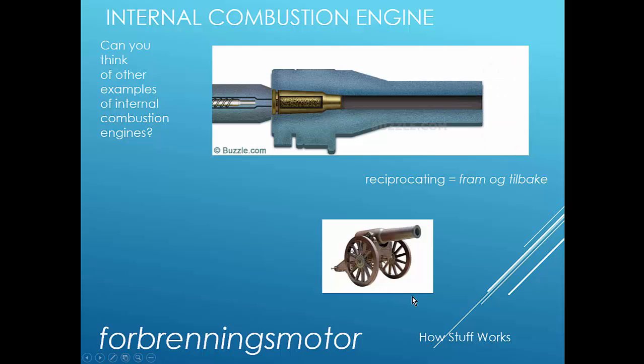You've probably seen these in movies where soldiers load the cannon with gunpowder and a cannonball and light it. That is internal combustion. But it's hard to imagine that this simple engine has anything to do with a car engine. Well, a more relevant example might be this.